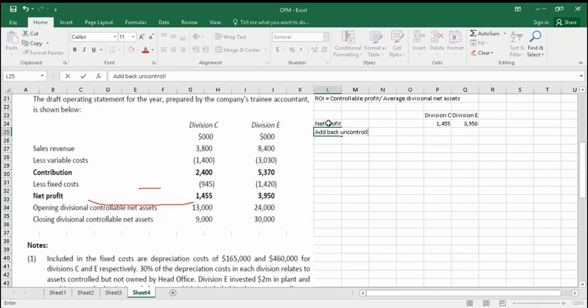Uncontrollable expenses. Out of that, one is depreciation. Of the depreciation, 30% is uncontrollable because that is under the control of the head office.